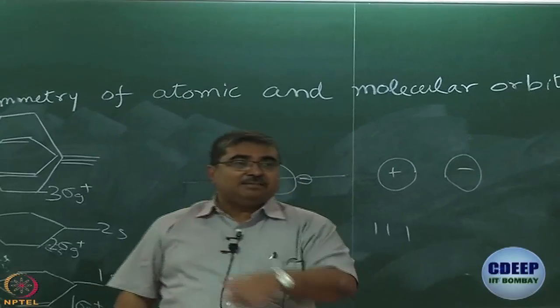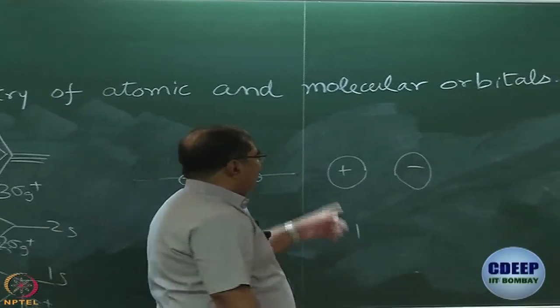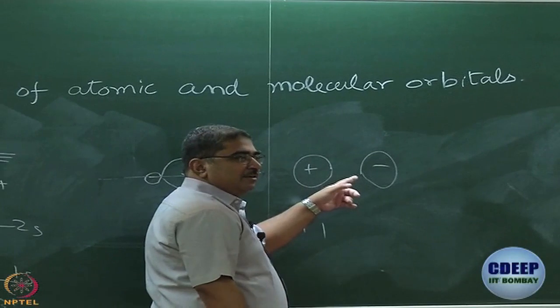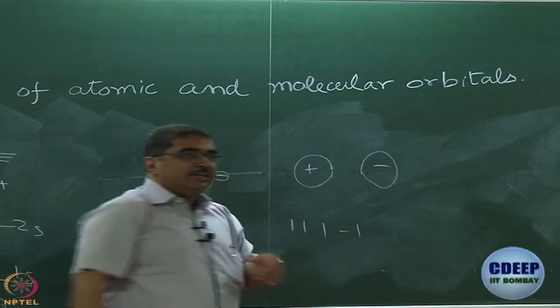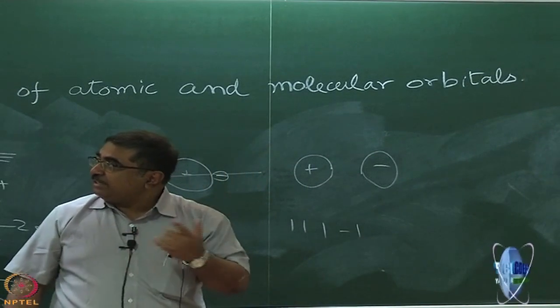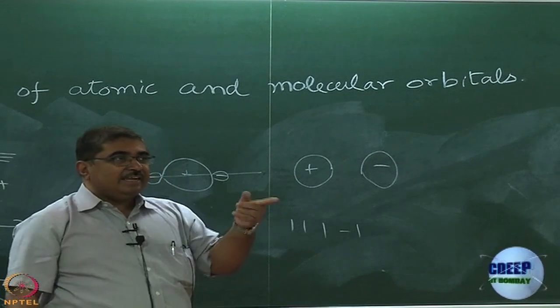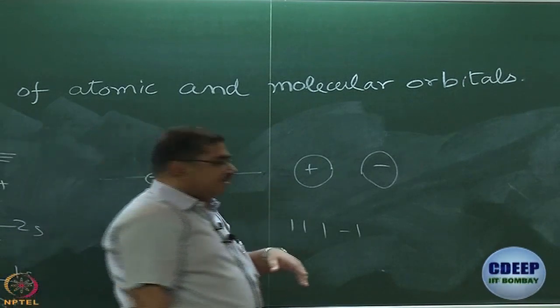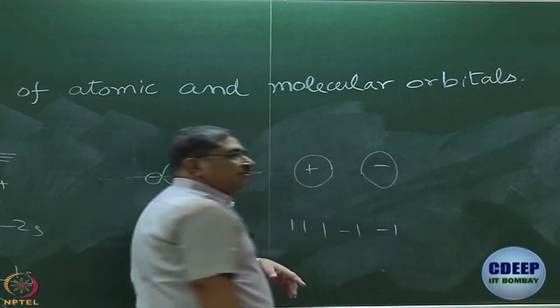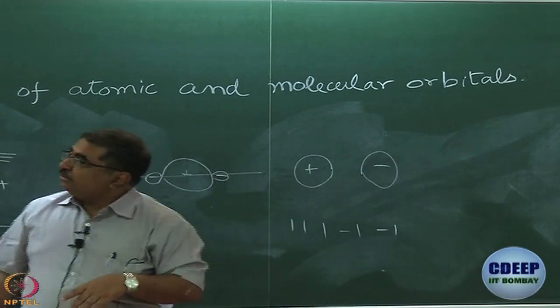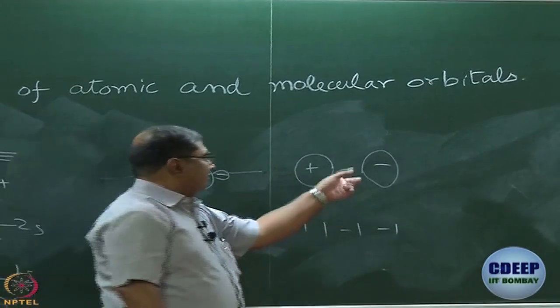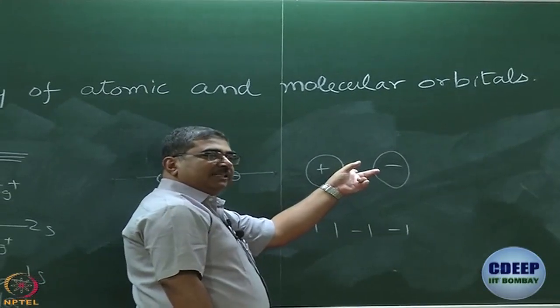Then what is it? I, oh I missed I in the previous one, but no harm. For I, what is the character? Minus 1. Then S infinity, what is the character? S infinity is also minus 1. And finally C2, C2 minus 1.